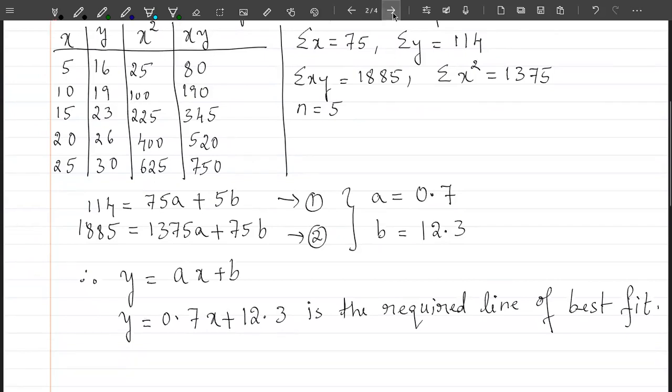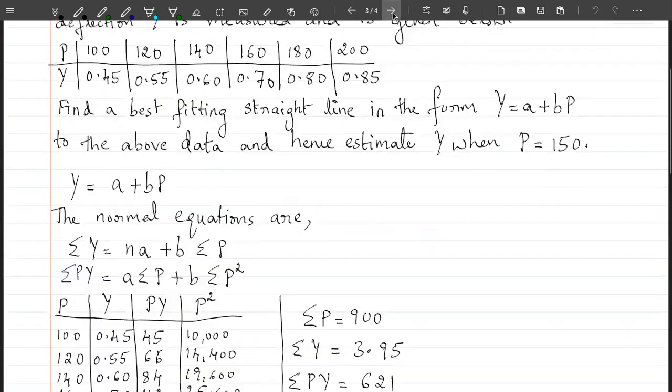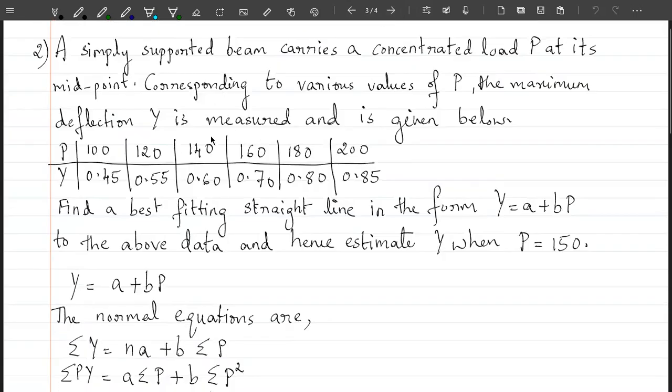Let's see the second problem. This is an important problem, actually asked in your model question paper also. So now here the question is, a simply supported beam carries a concentrated load capital P at its midpoint. Corresponding to various values of capital P, the maximum deflection Y is measured and is given below.